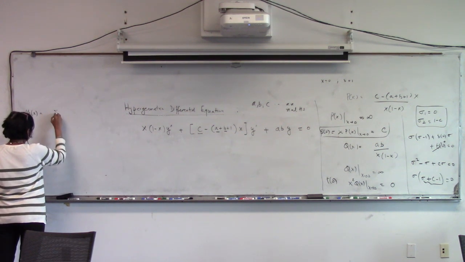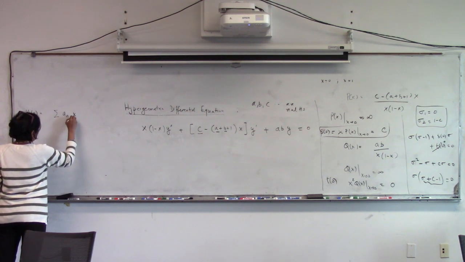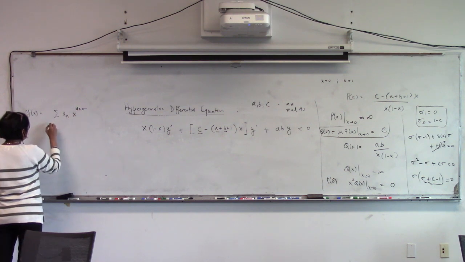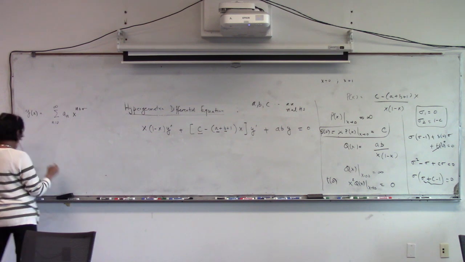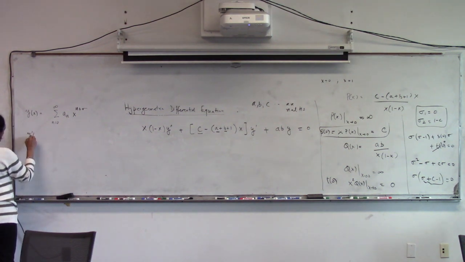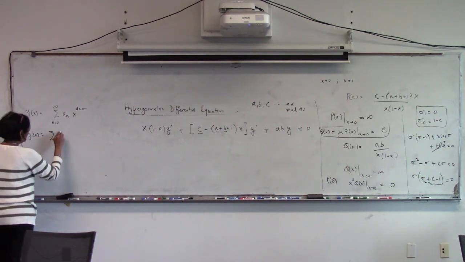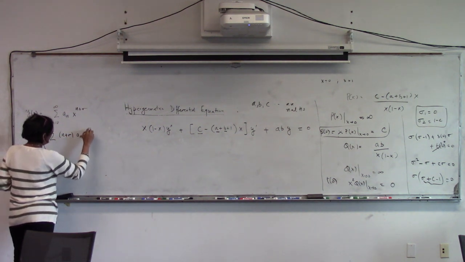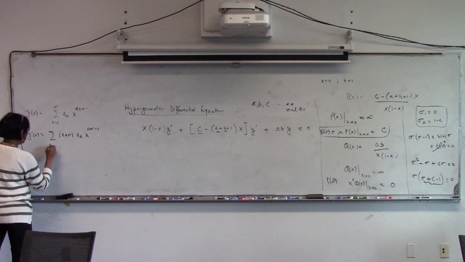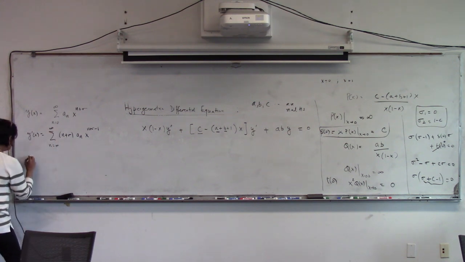So that is nothing but the sum of a sub n x to the power of n plus sigma, n going from 0 to infinity. So you know the method, so you can get the solution here yourself too. Okay, y prime x is nothing but n plus sigma a sub n x to the power n plus sigma minus 1, n going from 0 to infinity.